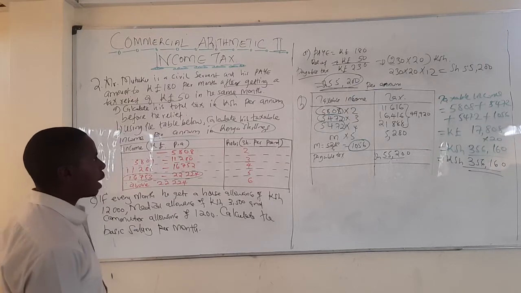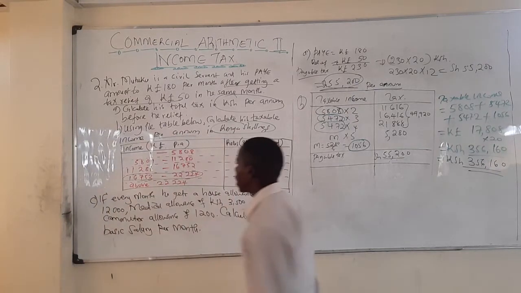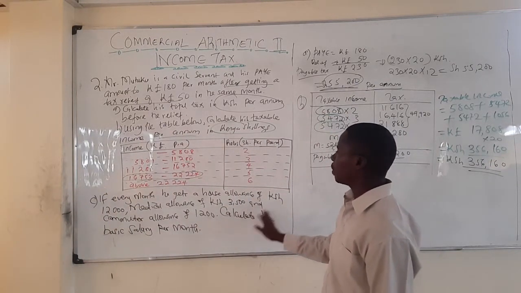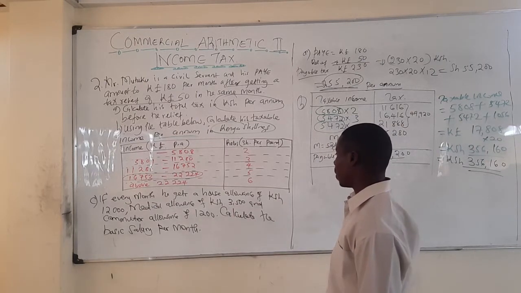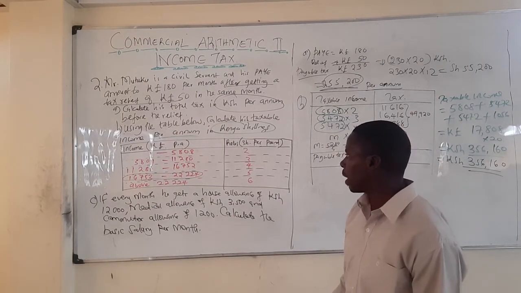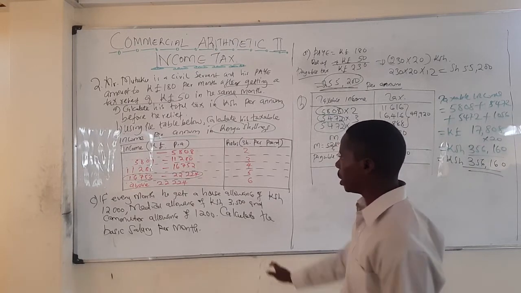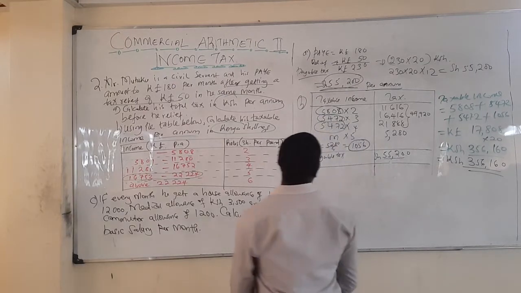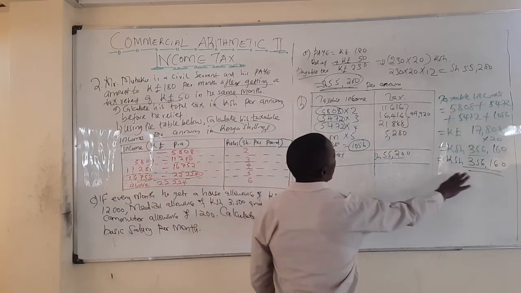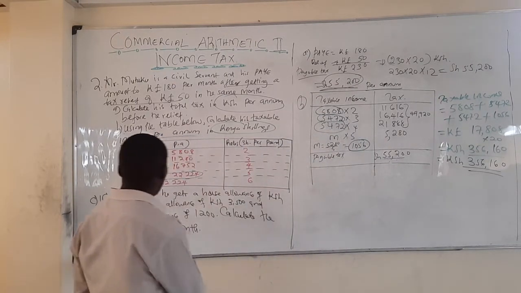Then let's look at part C. Part C says that every month you get a house allowance of 12,000, a medical allowance of 3,500, and a commuter allowance of 1,200. Calculate the basic salary per month. Remember, this is our taxable income per annum. Now we need to get it per month.